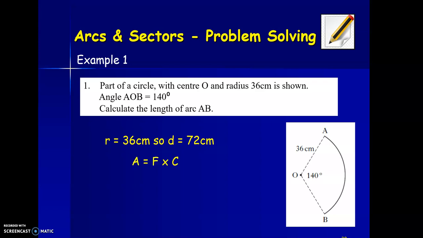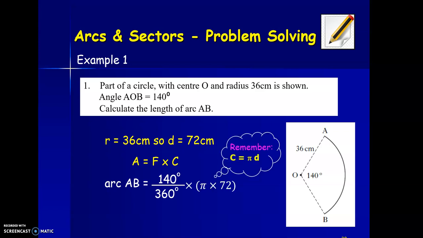Remember your formula for arc length. The arc is a fraction of the circumference. So, arc AB is 140 divided by 360 multiplied by pi times 72. Remember, circumference is pi times diameter. And that will give us an overall arc length of 87.96 centimetres.